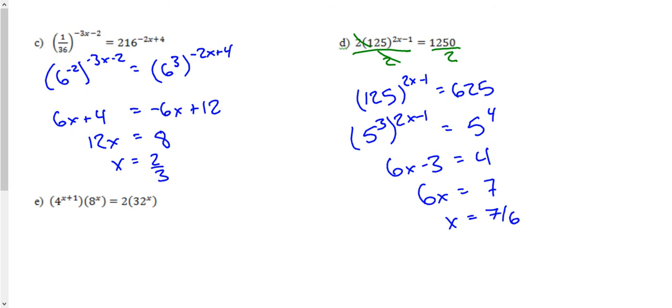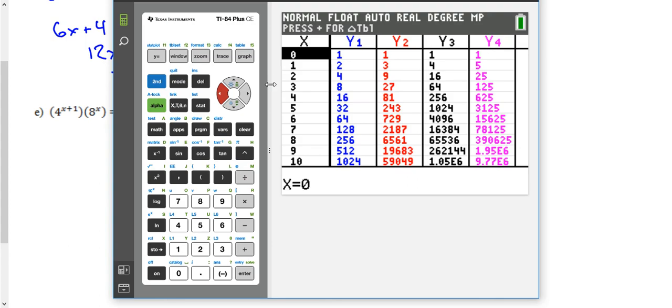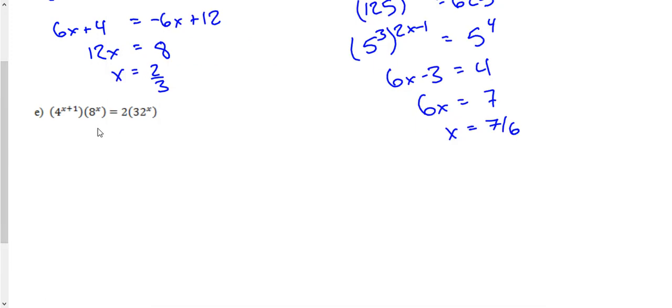Down here, for example E, I see 4, 8, 2, and 32. As 2 is my smallest number there, most likely that's going to be my base, so let's double check base 2. So for base 2, I see 4, 8, 2, of course, and the other one we're looking for was 32. So let's rewrite example E all in terms of base 2.